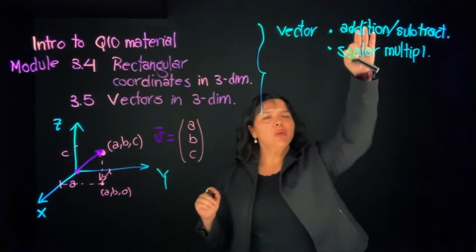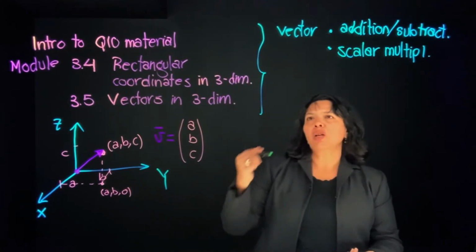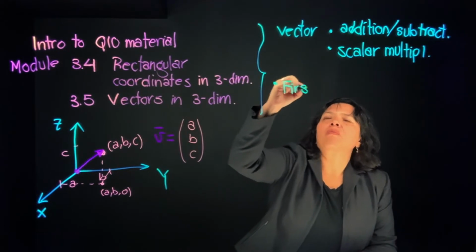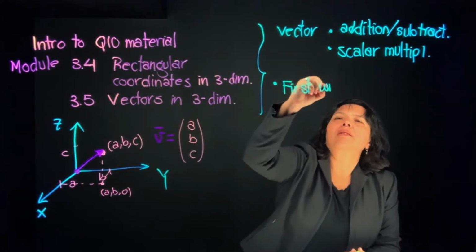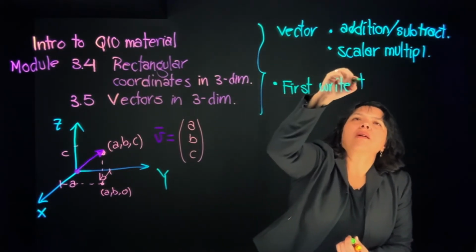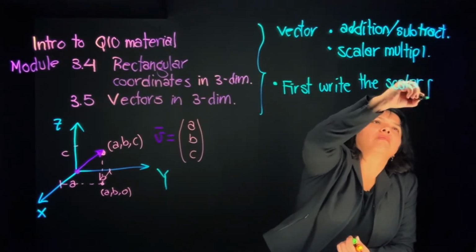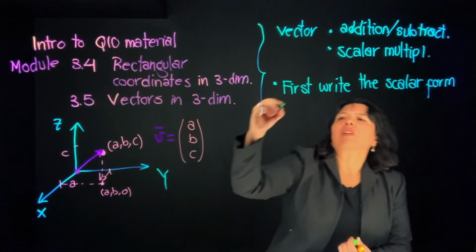Before doing any of the operations, you want to first write the algebraic form for your vectors.